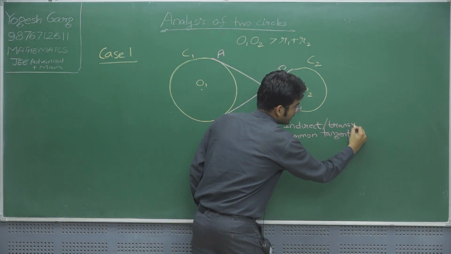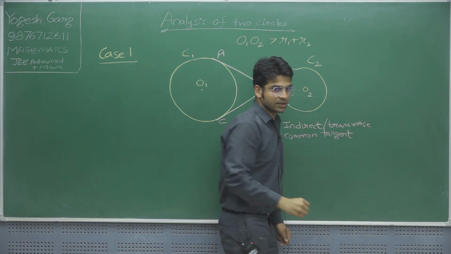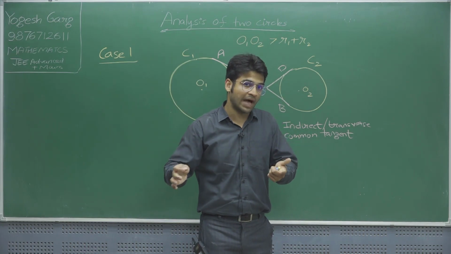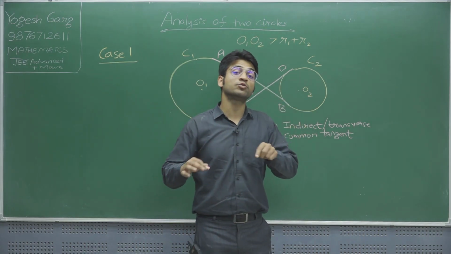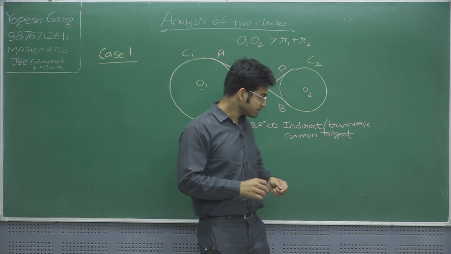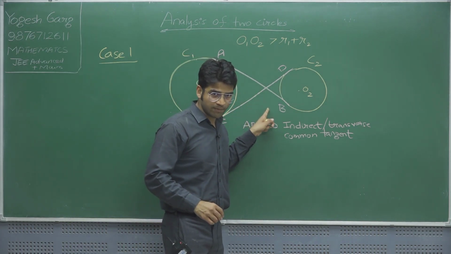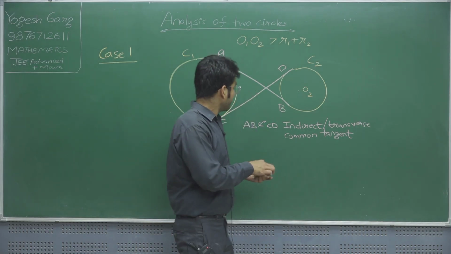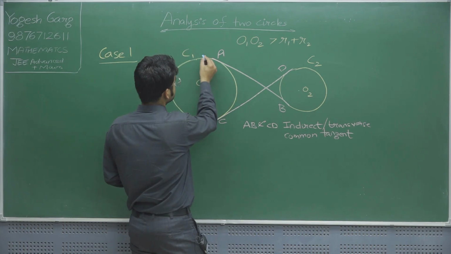I will also differentiate why we name it indirect and the other two direct. In this, we will be able to make two direct common tangents, and we will study the difference between direct and indirect. So these are two indirect common tangents. And there are two direct common tangents that I am drawing with blue color.